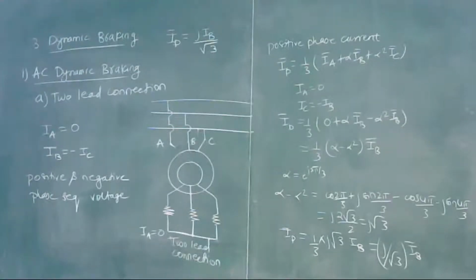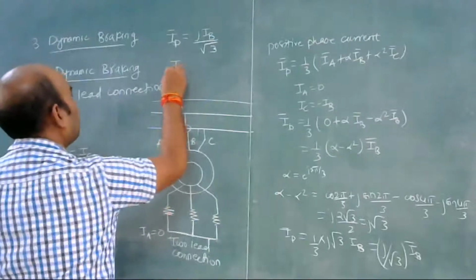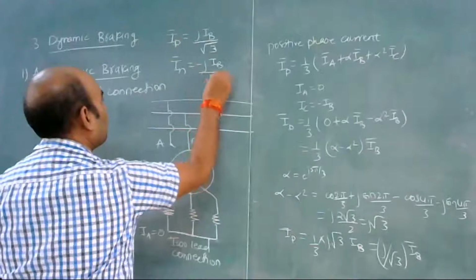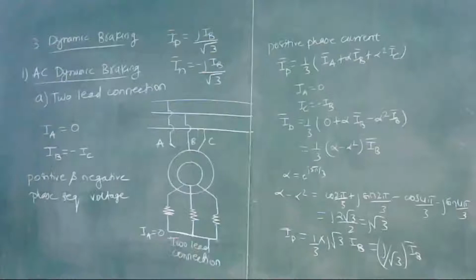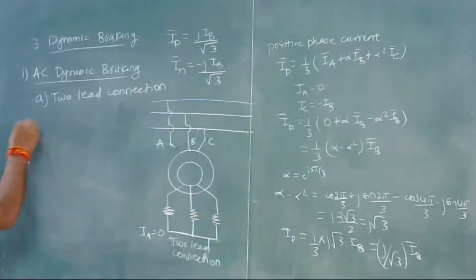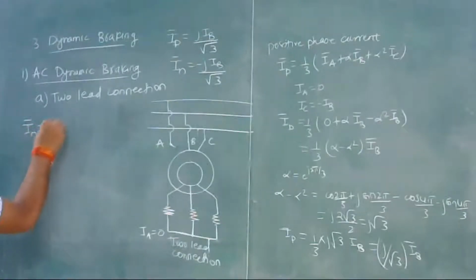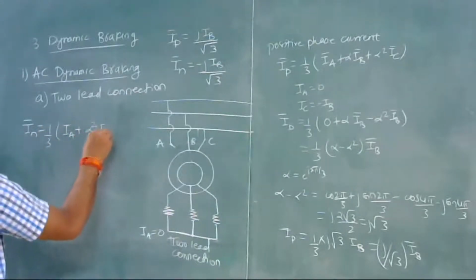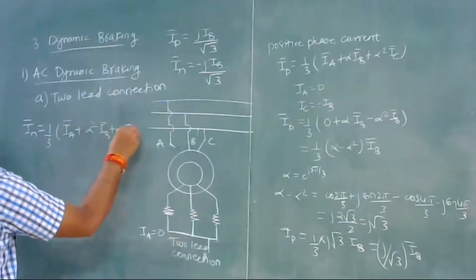So what about IN? IN will be equal and opposite in phase to IP, so IN will be equal to minus j IB by root 3. If we derive the negative phase sequence current, IN will be equal to 1 upon 3 (IA plus alpha square IB plus alpha IC).